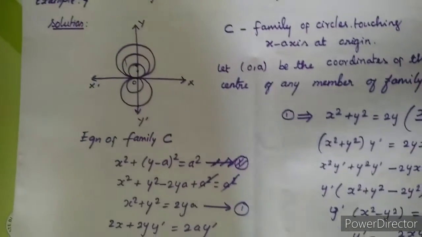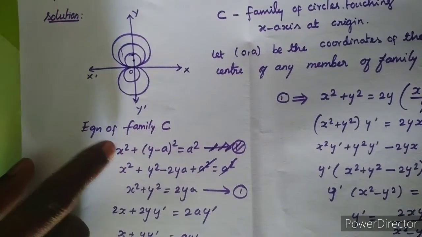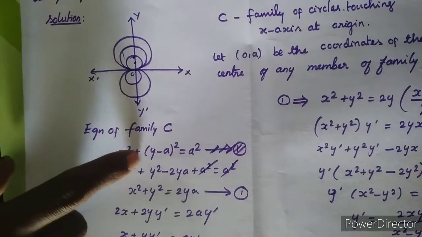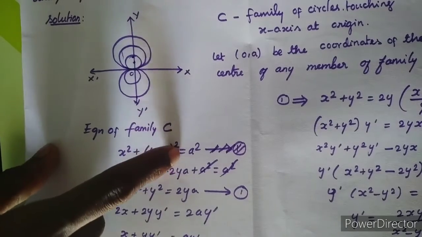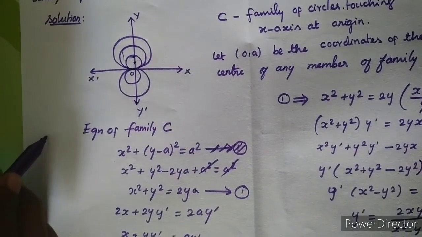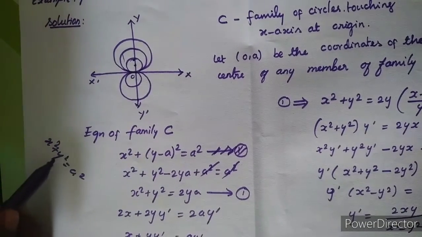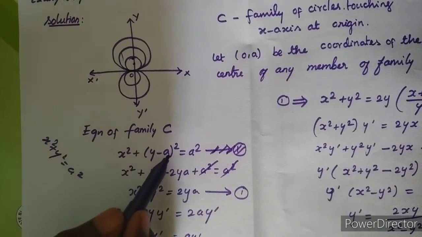Next, the equation of the family of circles. I will consider x squared plus (y minus a) the whole squared equals a squared. The general equation is x squared plus y squared equals a squared, but now not y squared, you want to imagine (y minus a) the whole squared.